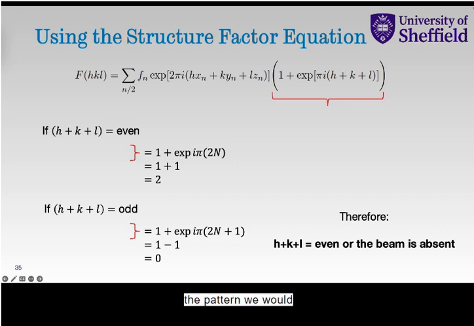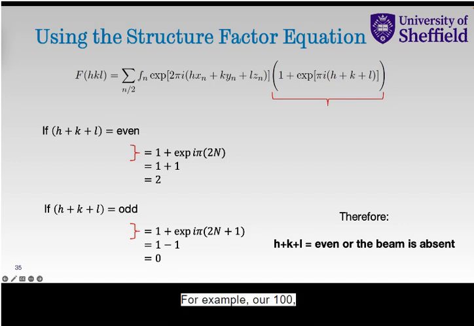So within our diffraction pattern, if we have something that is body-centered cubic, we don't see any diffraction spots corresponding to beams where h plus k plus l is equal to an odd number. Those beams will systematically disappear.